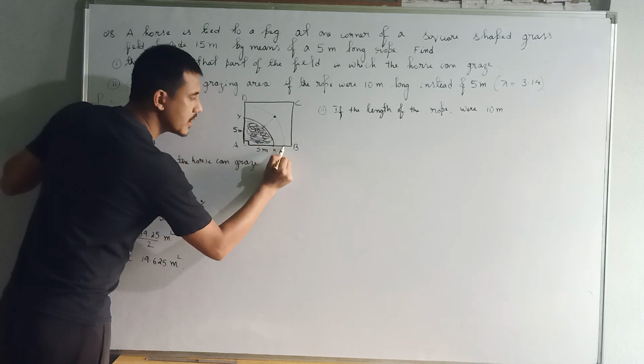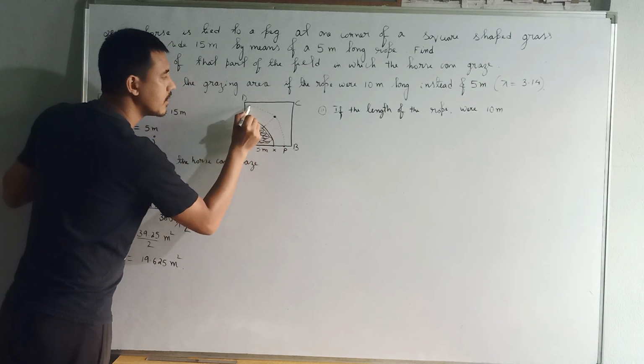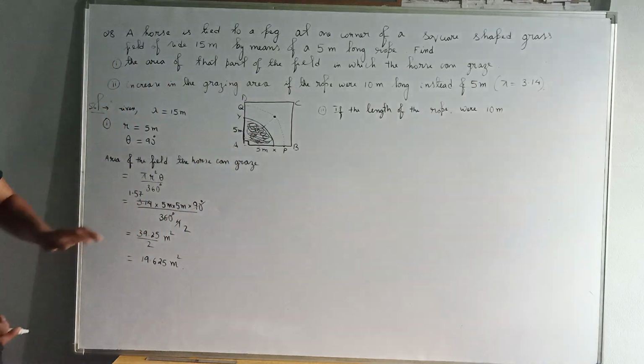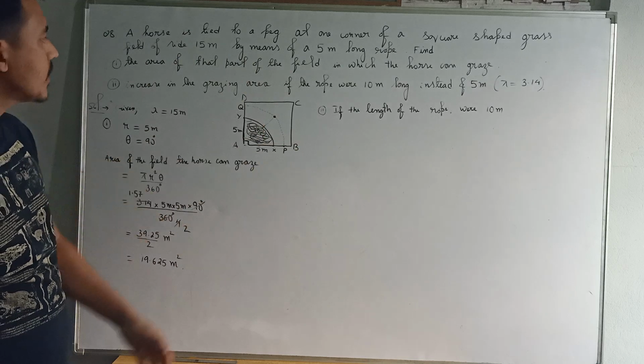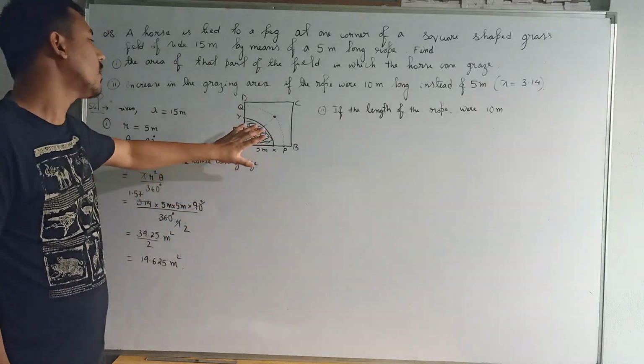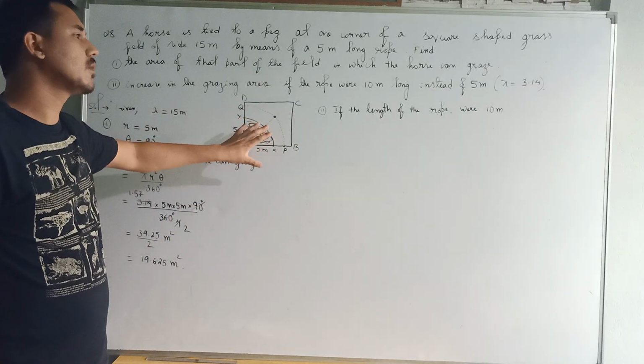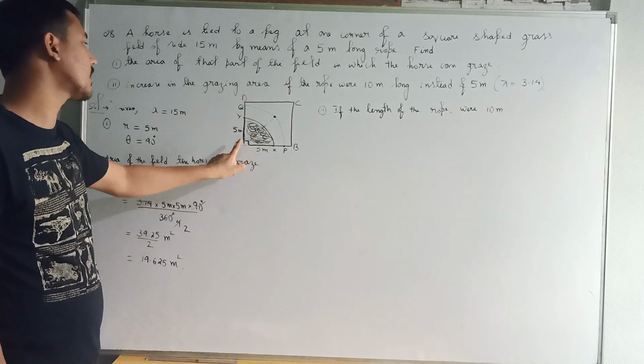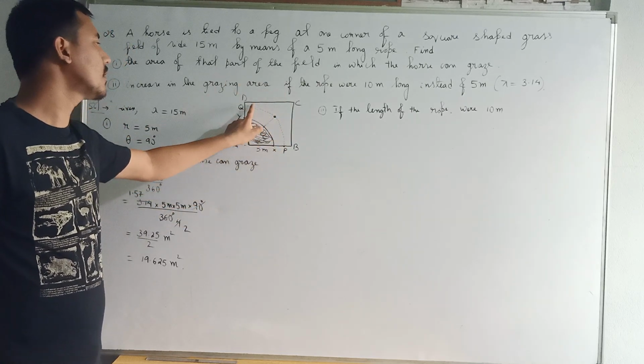Say let this point be P and let this point be Q. In that case, if the length of the rope was 10 meters, the horse will be able to cover the larger sector, APQ.